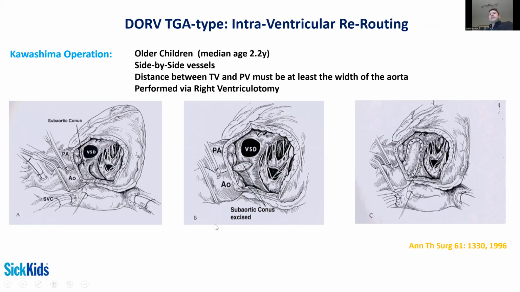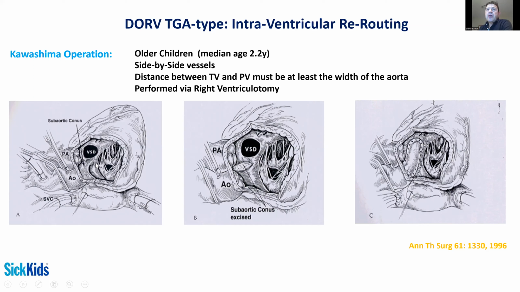So just quickly to mention that there is another approach to Taussig-Bing, or to double outlet right ventricle with a subpulmonary VSD: you can do an intraventricular rerouting, called the Kawashima operation. It's not done very commonly because it requires quite a convoluted intraventricular repair.